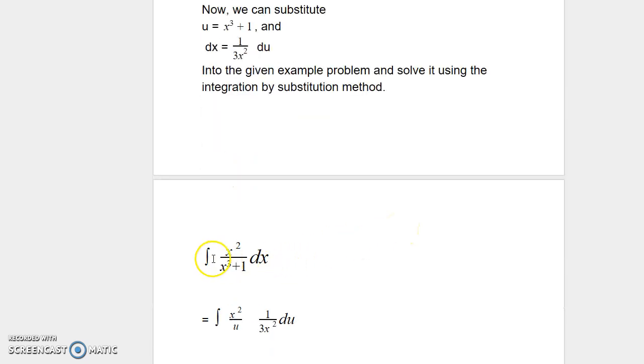Okay, so our example problem is x squared divided by x cubed plus 1 dx. Wherever we see x cubed plus 1, we're going to replace that by u. The numerator has x squared, the denominator has been substituted by u, and wherever we see dx, we're going to replace that by 1 over 3x squared du.